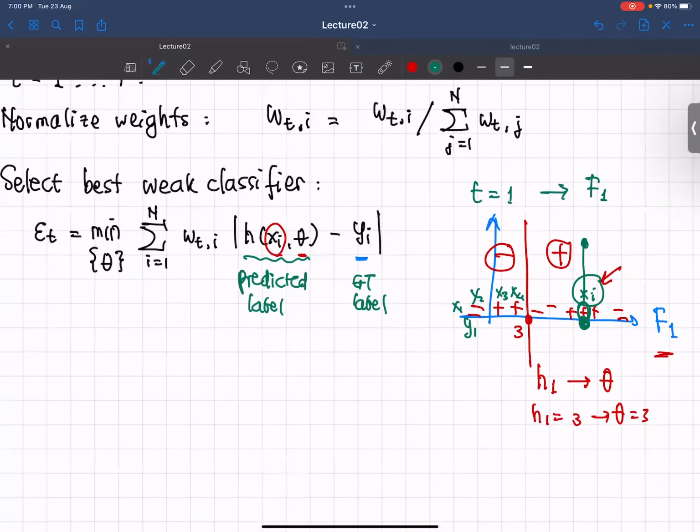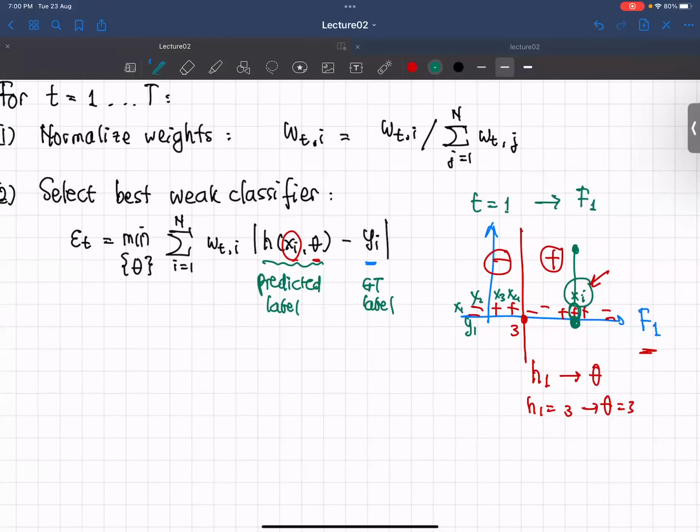So if your sample is wrongly classified, it gives you a higher number. If every sample is correctly classified, the error, epsilon, will be 0. But the error will be very high if everything is wrong. That's the meaning of this equation. In the first iteration, you don't need to bother about W because the W are all the same.